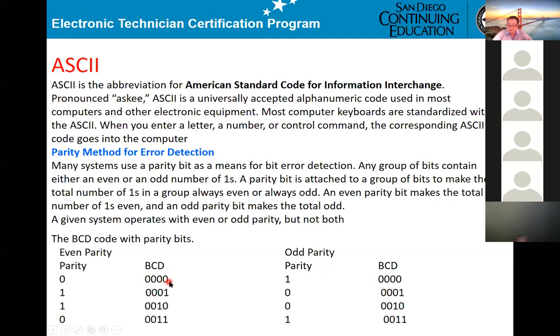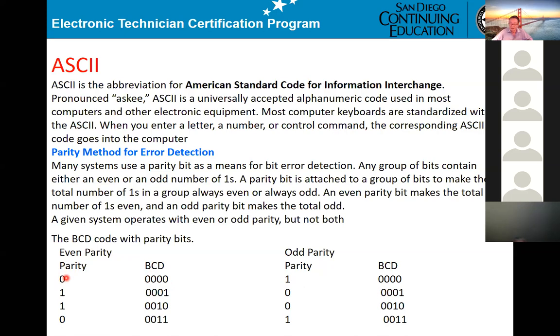Now, you can see this is number 000. So if you want even parity, they must add a 0 here. The thing is, they look for the number 1 in the data. No 1, that means no number 1. So that will be even.